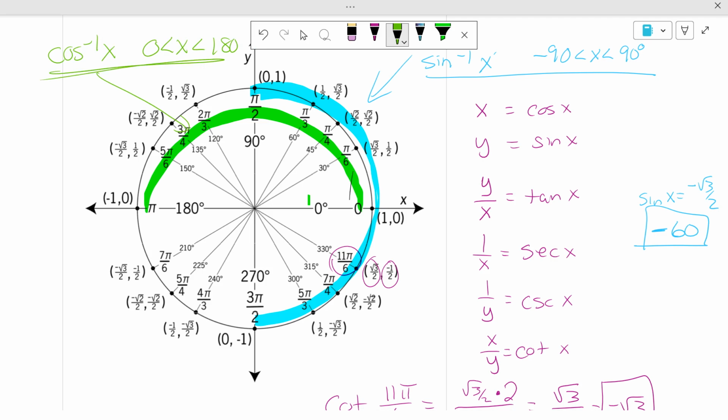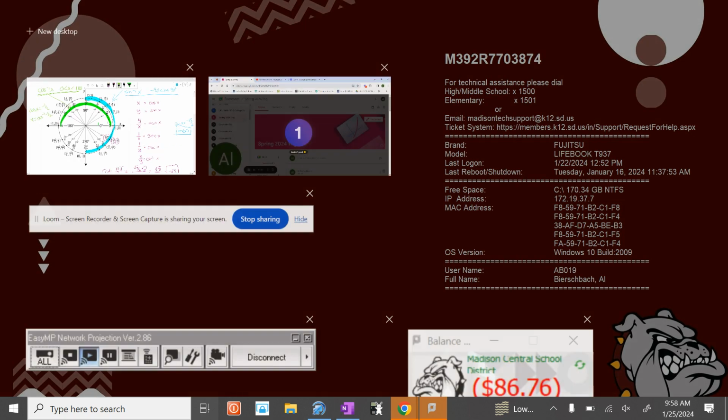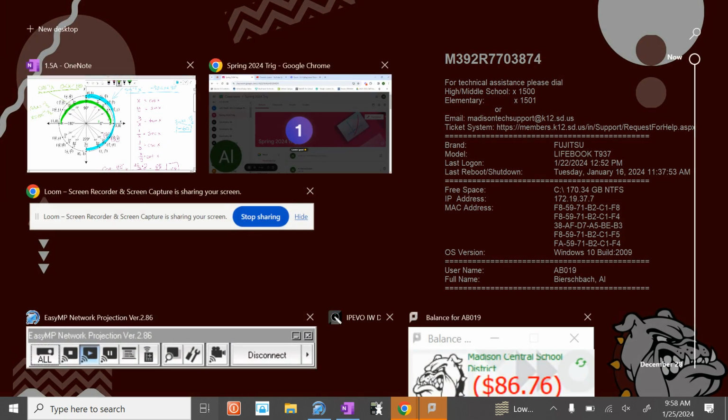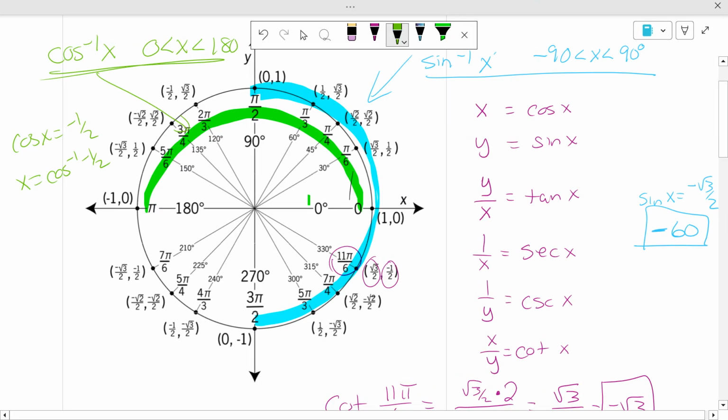So if I say the cosine of x equals negative 1/2, that means x equals the inverse cosine of negative 1/2. When you move the cosine over to the other side, it becomes the inverse cosine.